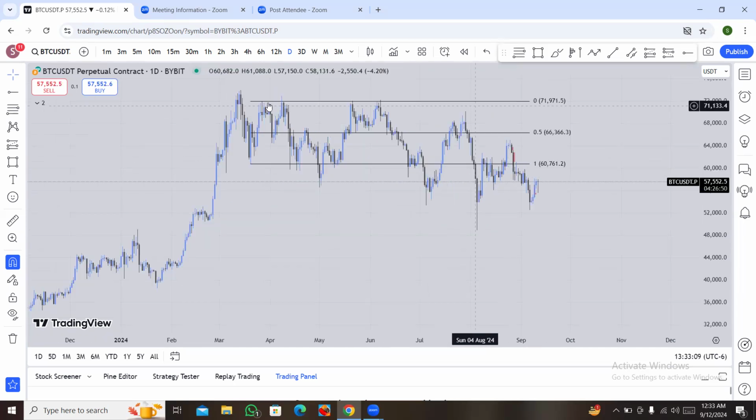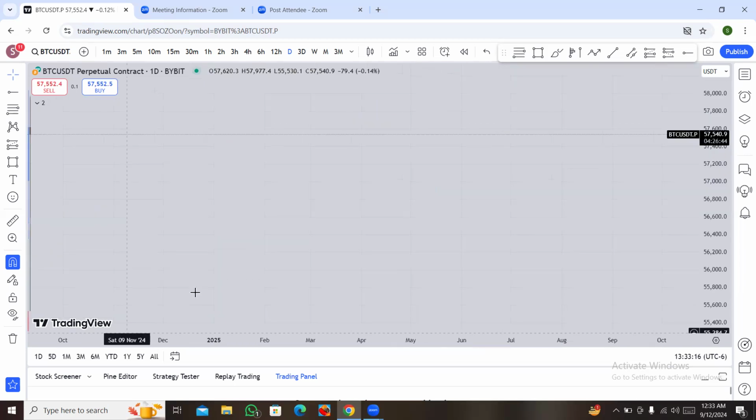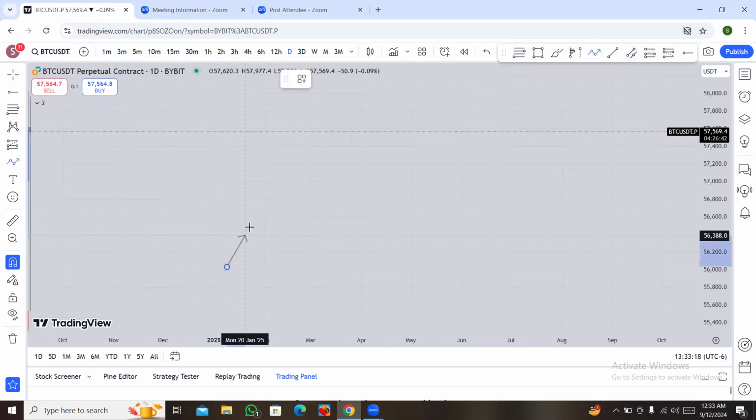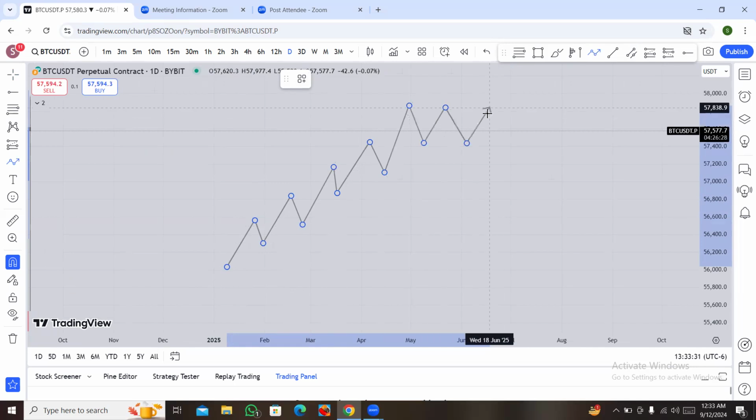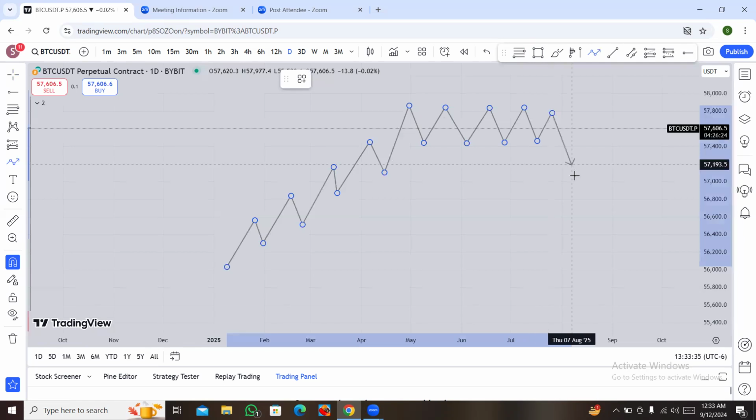You will see this range at the tops, because when price moves like this, for coming down, it needs some kind of supply up here. So it started ranging here, something like this. It does a deviation, then it breaks down here, and this whole range zone becomes a supply.